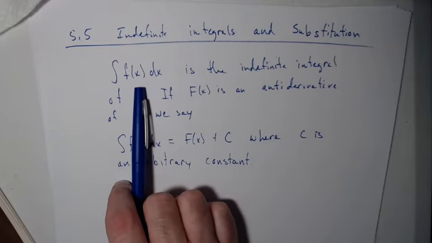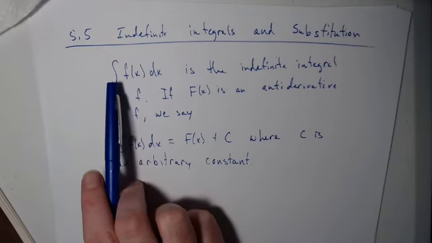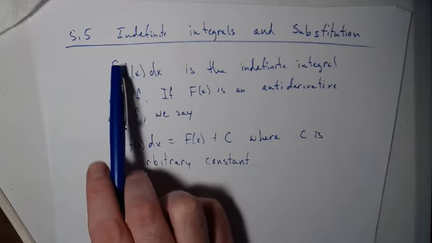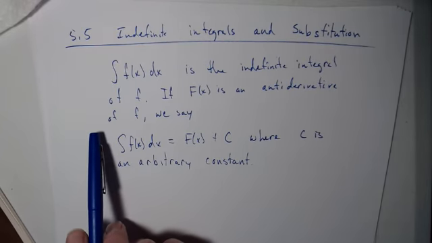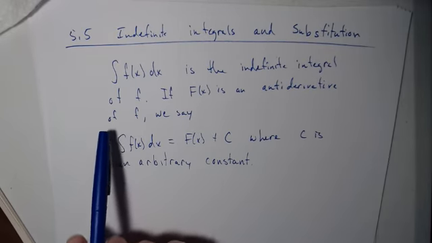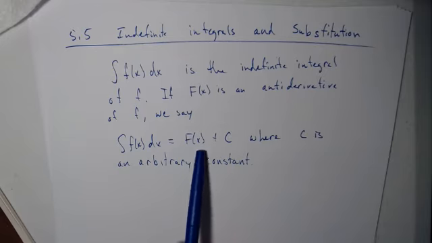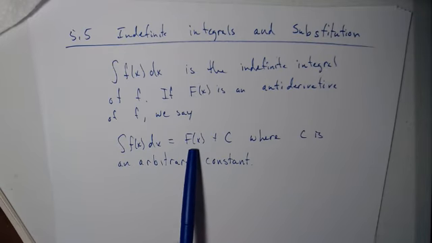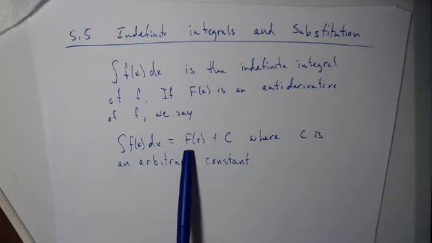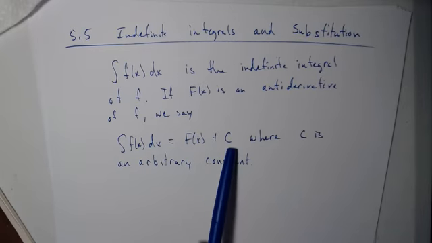The idea of an indefinite integral is we write the same symbols but without the limits of integration, and that's the notation for it. We actually say that the indefinite integral is the set of all antiderivatives, but because any antiderivative can differ from the others by at most a constant, we can write it as any particular antiderivative plus an arbitrary constant c.